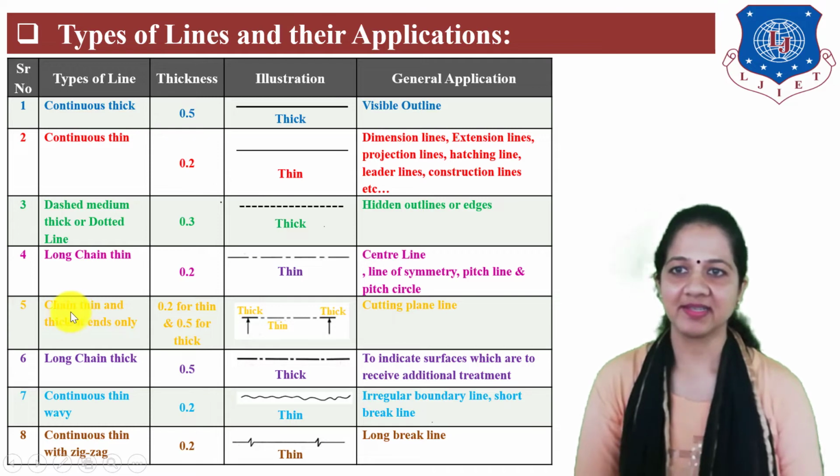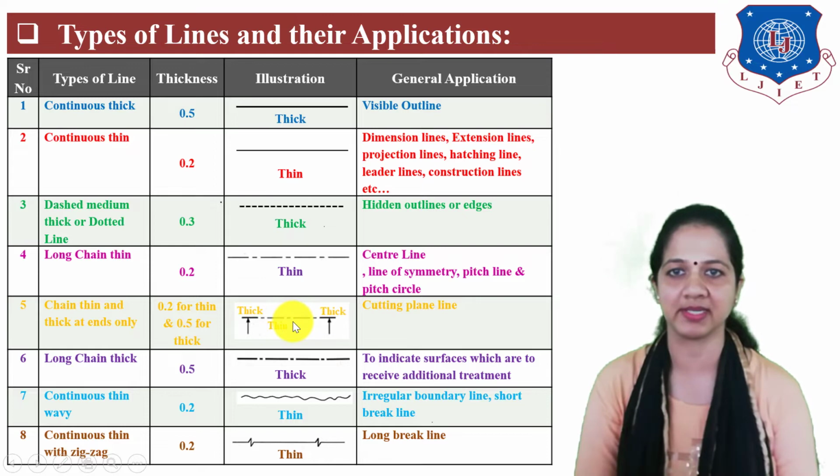Next is chain thin and thick at ends only. It is similar to long chain thin line, but its end is thick only. So end having 0.5 mm thickness and remaining part of the line having 0.2 mm thickness.